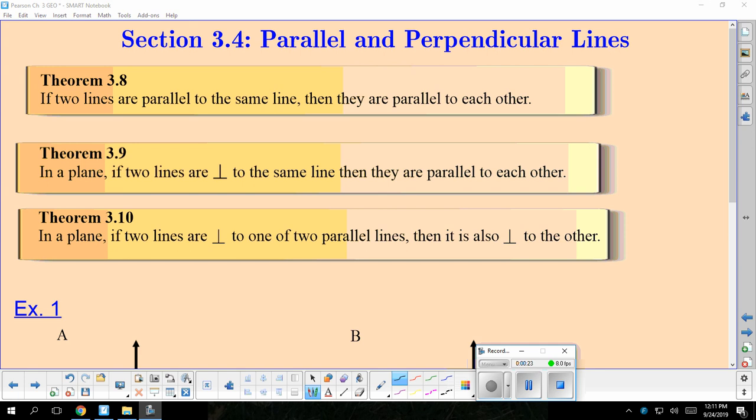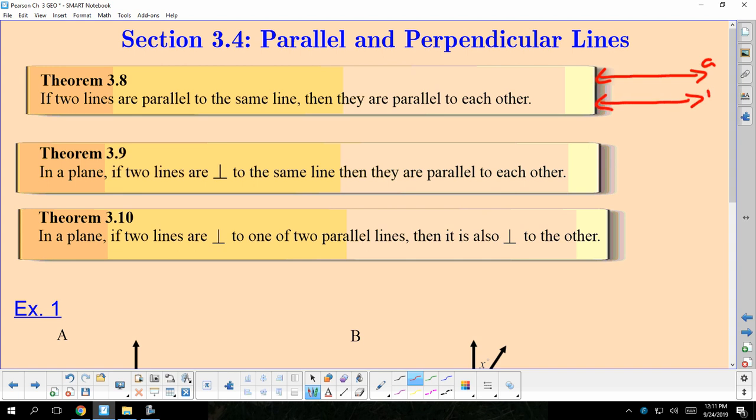So let's draw this picture over here. Say we have line A, line B, and line C. So what this says is, if A is parallel to B, and B is parallel to C, those blue ones, right?